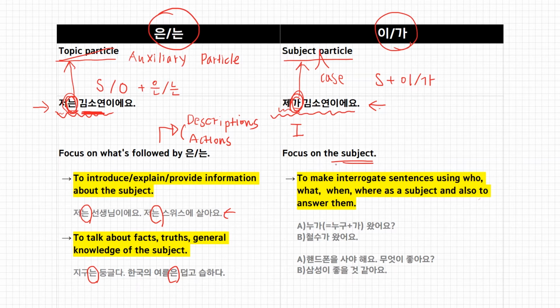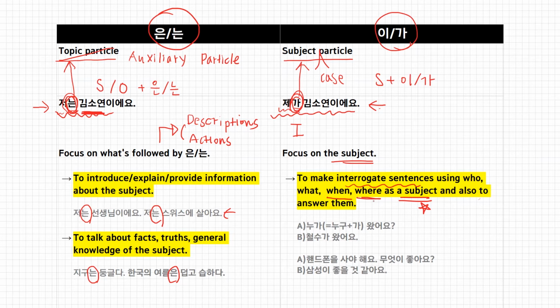As a subject stressor, 이가 is used to make interrogative sentences using who, what, when, where, as a subject, and also to answer them. Not like in English, when and where are pronouns and also adverbs in Korean.